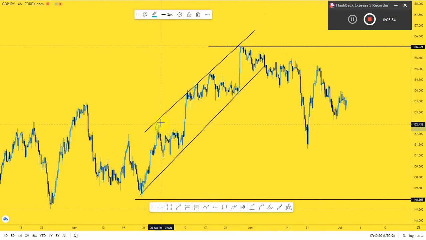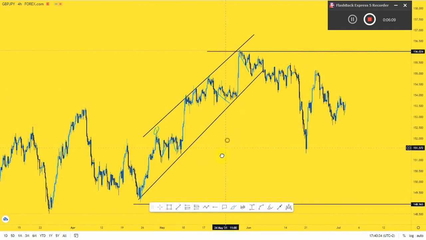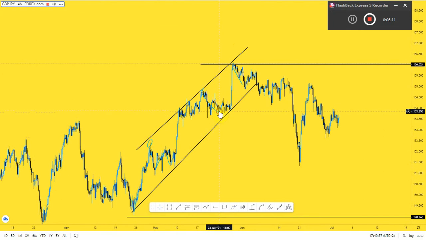Whenever the market touches this trend line, it likes to correctively reverse. So it reversed correctively, touch, touch here, reversed correctively, touch, and reversed correctively until price broke out of this channel.